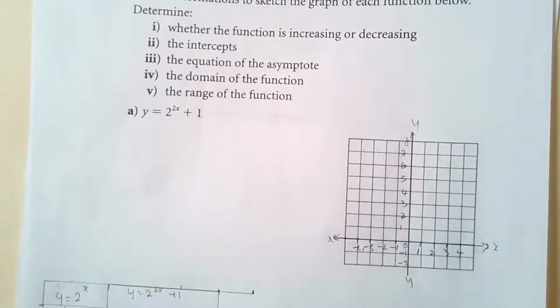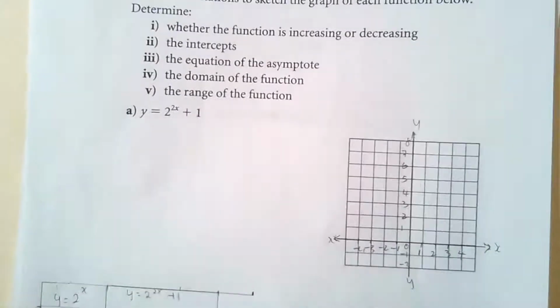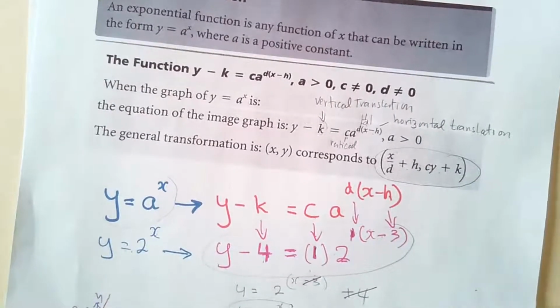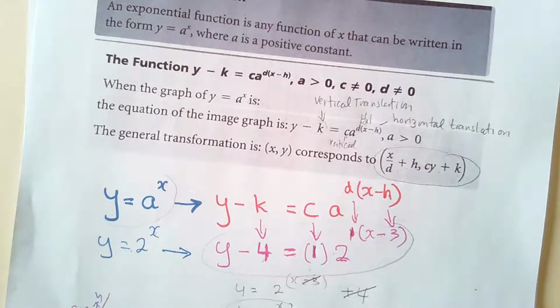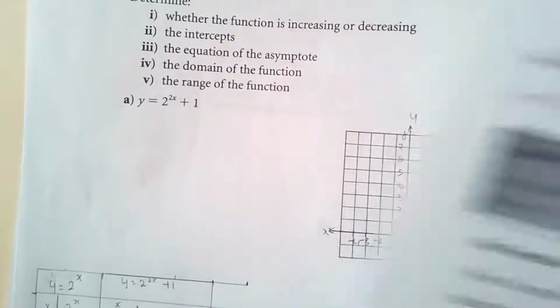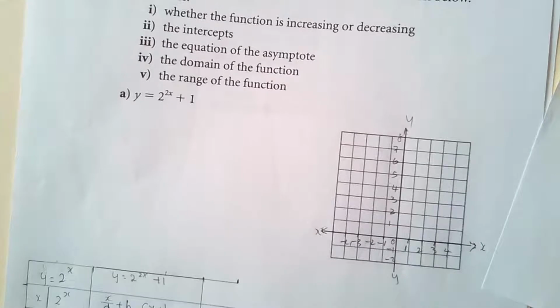This can be found in the textbook. And this is where we will be using our transformation rule in this question. Okay, so take this in mind. I'll refer to it frequently.